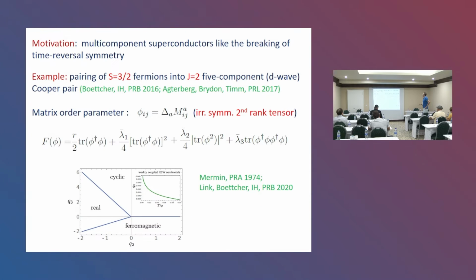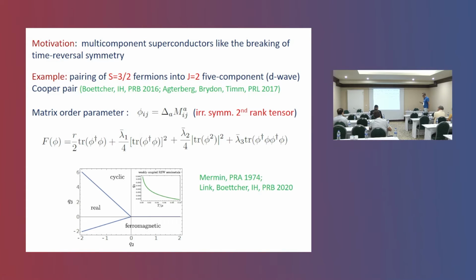So motivation for this, of course, comes from many examples. I have one here. Basically, multi-component superconductors, by which I mean more than one superconducting order parameter, in principle like time reversal symmetry breaking. The reason for that is essentially that it is often the way to lower the superconducting energy.